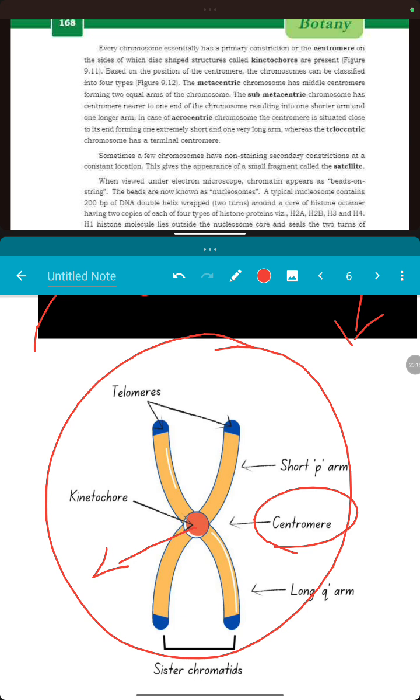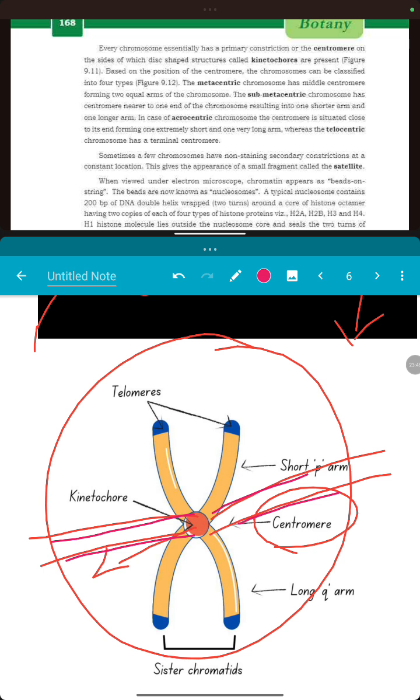They are not used much for transcription, but when cell division occurs, microtubules come and attach here. So the centromere position holds the microtubules.